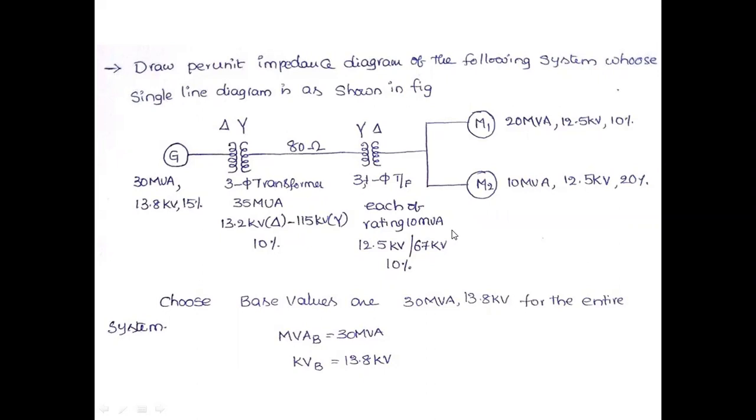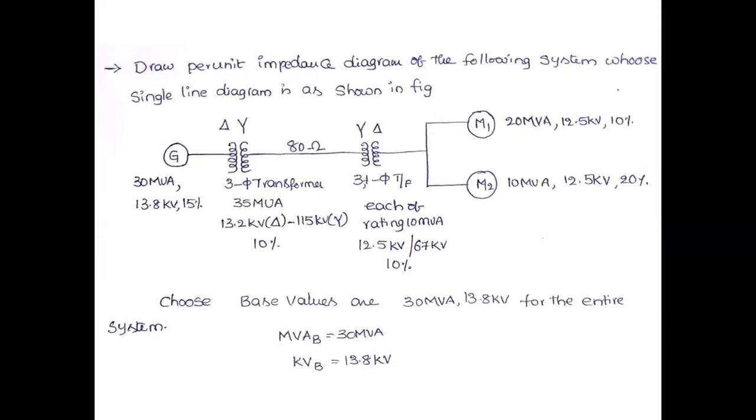Before starting the solution for any problem, first of all, we must choose proper base values for the entire system. So how do we choose the proper base values? I think you will have some doubts. Sir, in this power system, we have a number of components, so how can we decide what can be considered as a base value?